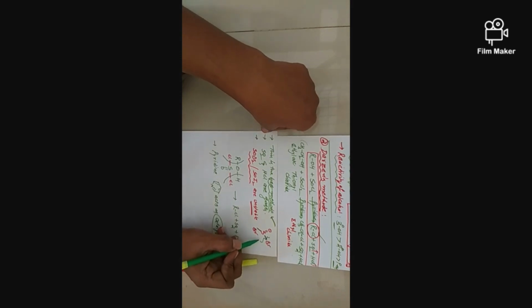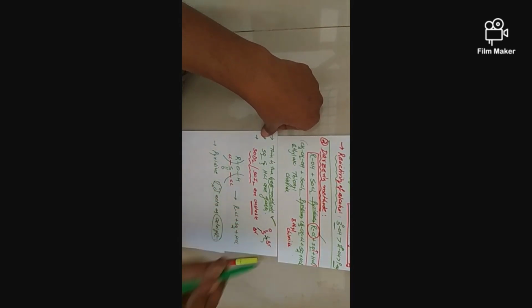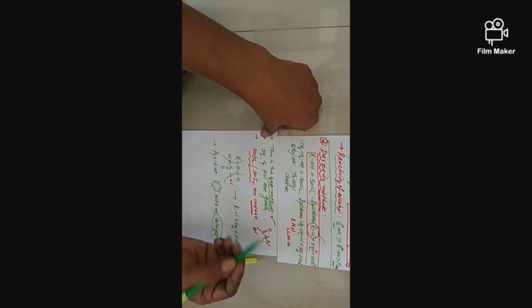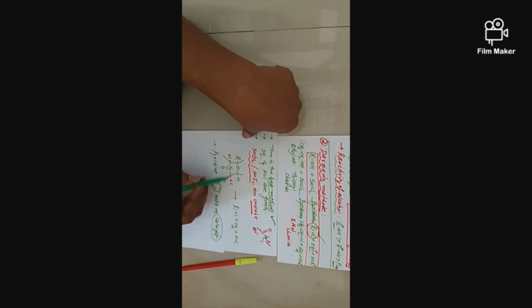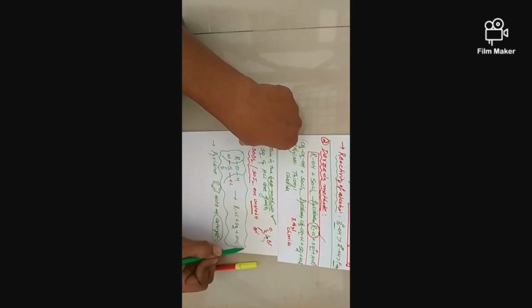That's why in D'Orgen's method we can prepare only alkyl chlorides. So this is the shortcut method for easily remembering the reaction and products. Okay, thank you.